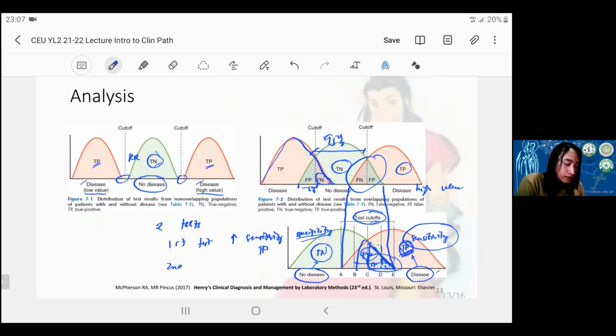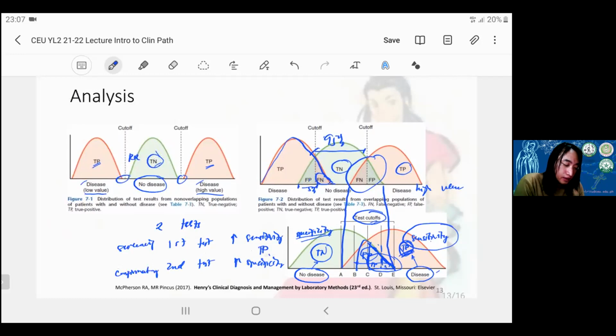And then the second test, a separate test, would have a high specificity. So the first is usually the screening test, and this will be the confirmatory test.